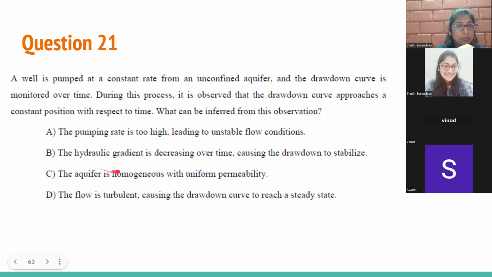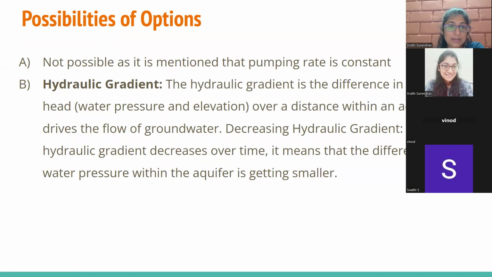Now, if you move on to the next option, they are saying that the hydraulic gradient is decreasing over time, and that is why the drawdown is approaching a constant value. So let's get a little more insight into this option. We know the difference in the hydraulic head relative to the distance of flow, or the distance between two wells in the aquifer, is what is called the hydraulic gradient.